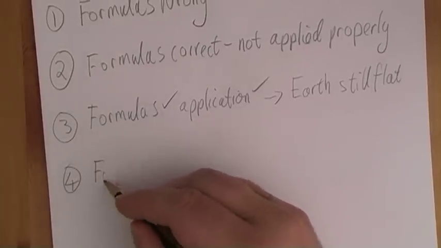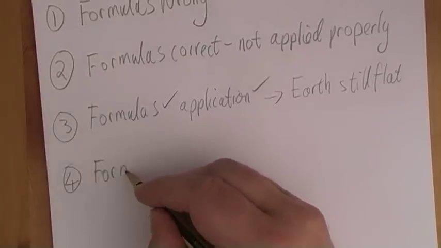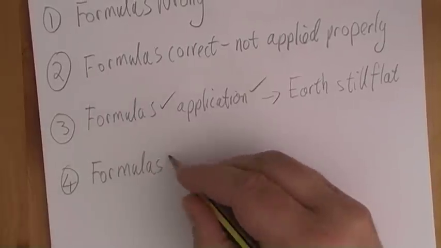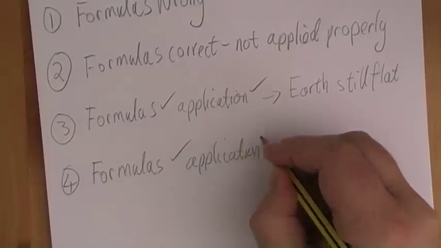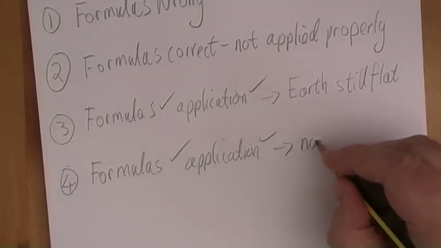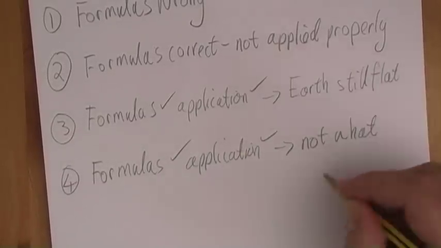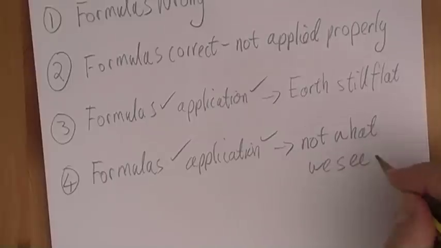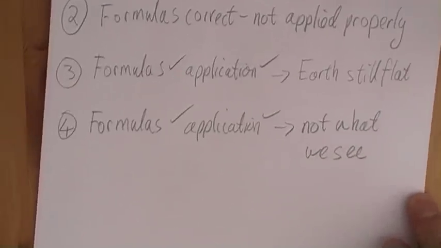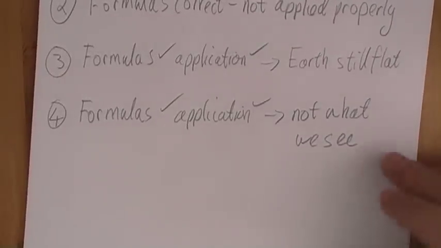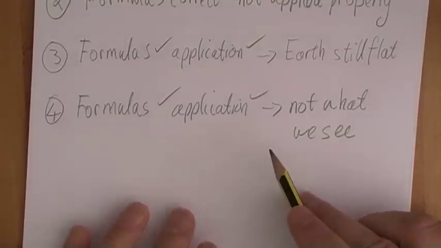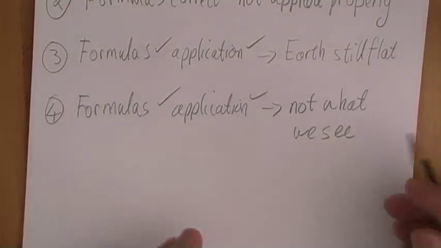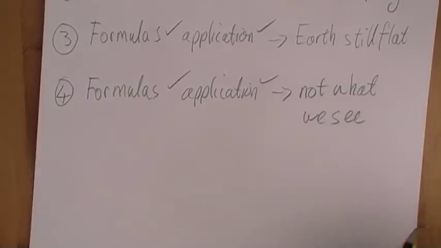Okay, fourth one. Formulas correct, application correct, but not what we see. So you're saying in this one that the formulas are correct, the application is correct, and I have indeed predicted what you would expect to see if you were standing on a sphere with a radius of 4,000 miles.